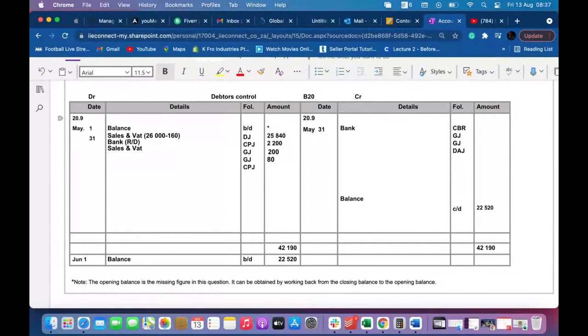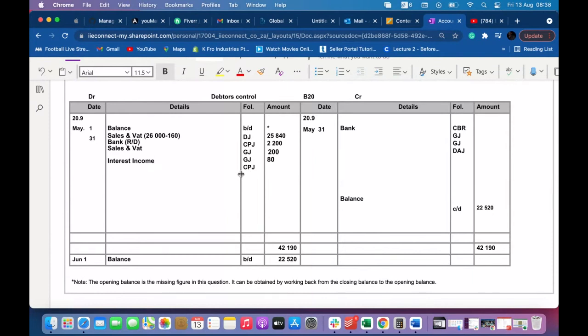We're putting that on the debit because it's going to increase our debtors control. So it is on the correct side, that's fine. Okay, that's done.